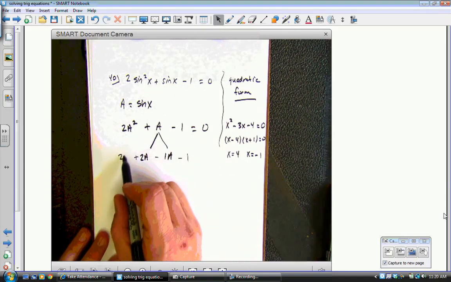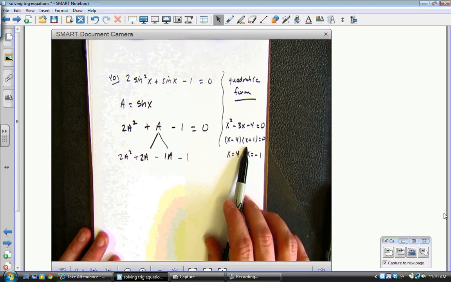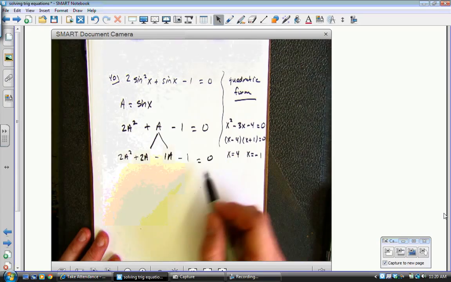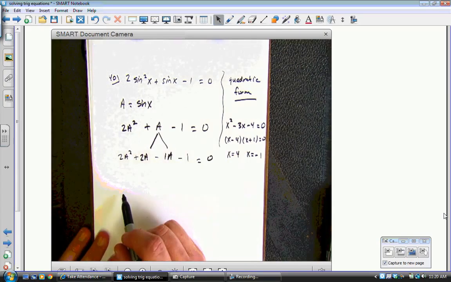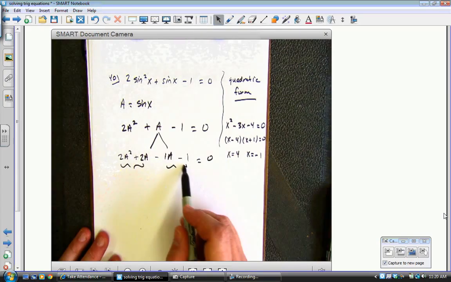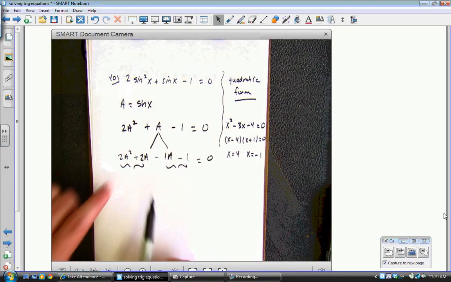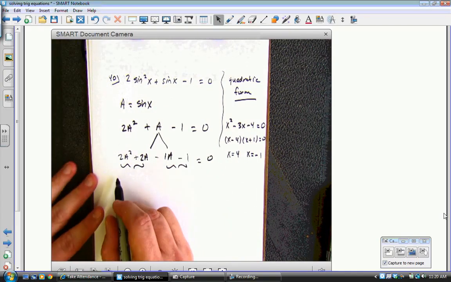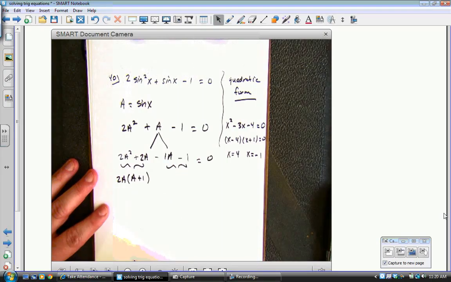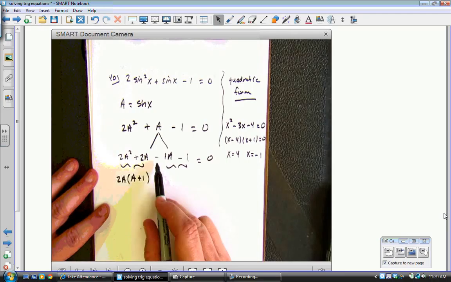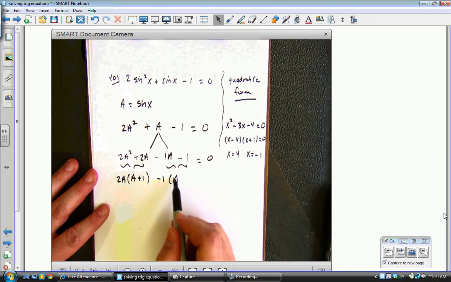All right, let's bring this down. So we split it, and now what? It's different from this one over here, still got a leading coefficient. What do we do? Group it. So out of these, we could factor out a 2a. That'll leave me with a plus 1. And then out of this group, a negative 1, so that'll leave me with a plus 1.